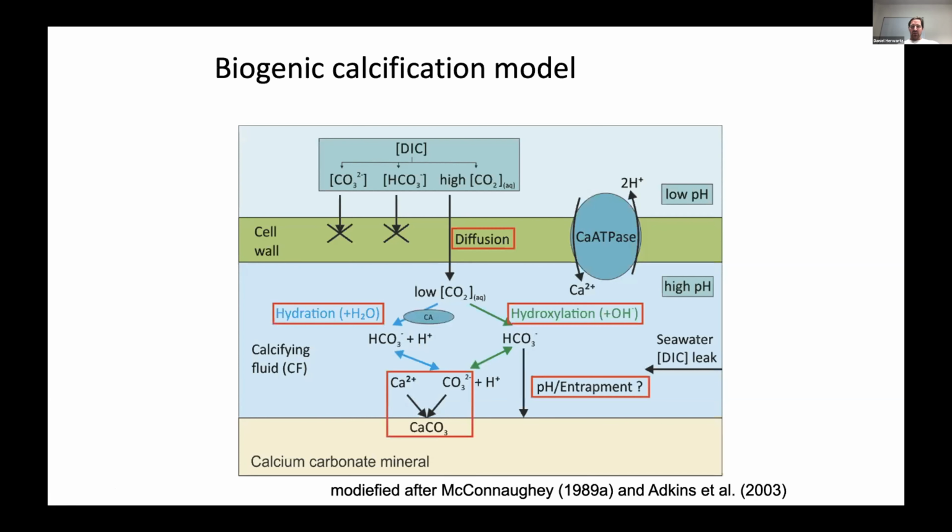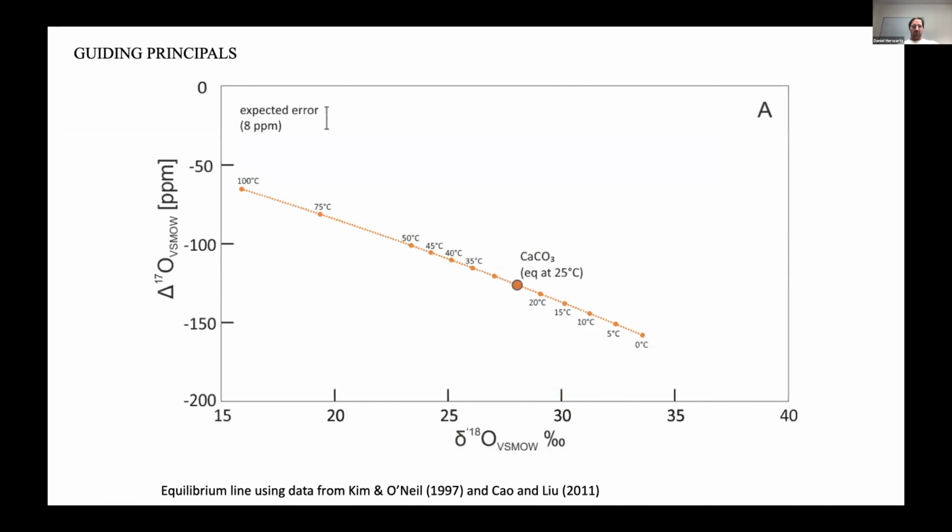Okay, so to make a long story short, we have very different sites in this whole scheme where we might have kinetic isotope effects, and they can be superimposed on each other. So we can distinguish these different processes using triple oxygen isotopes, I think, from this model here. If you have the delta 18O for calcium carbonate in equilibrium, it should fall on the equilibrium slope. So you have an expectation for the delta 18O, and you also have an expectation for the cap delta 17O.